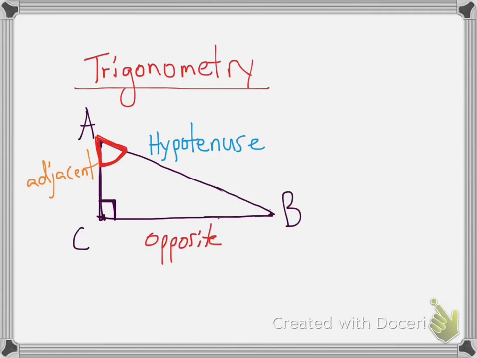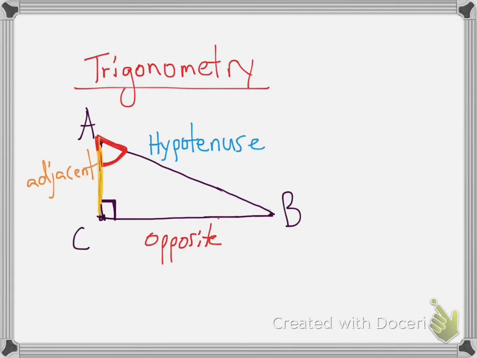So the reason when we say adjacent, there's technically two sides that are next to A. If you think about it as next to, we could think about this side, or there's this side. But remember, the second side I just drew, this one here, that's the hypotenuse. So if we know it's the hypotenuse, then it can't be the adjacent.